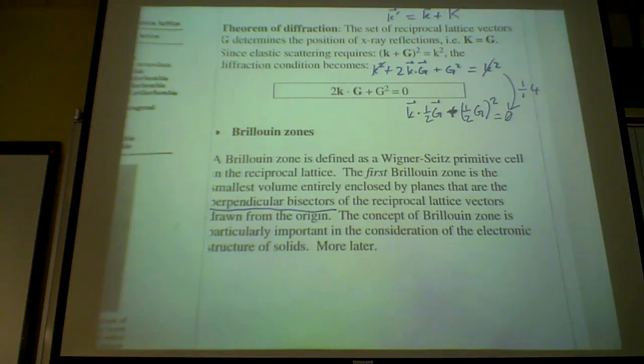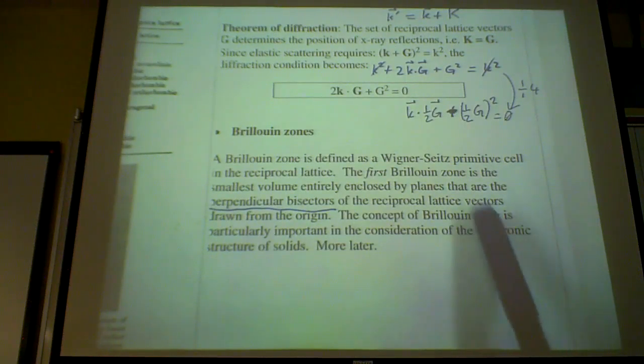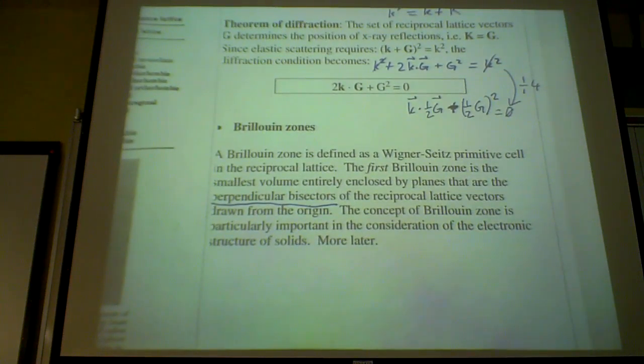I just want to introduce this to you because you may hear about the Brillouin zone from time to time when you come across solid state chemists or solid state physicists, especially when they talk about electronic structure. And we'll come back to this when we talk about electronic structure.